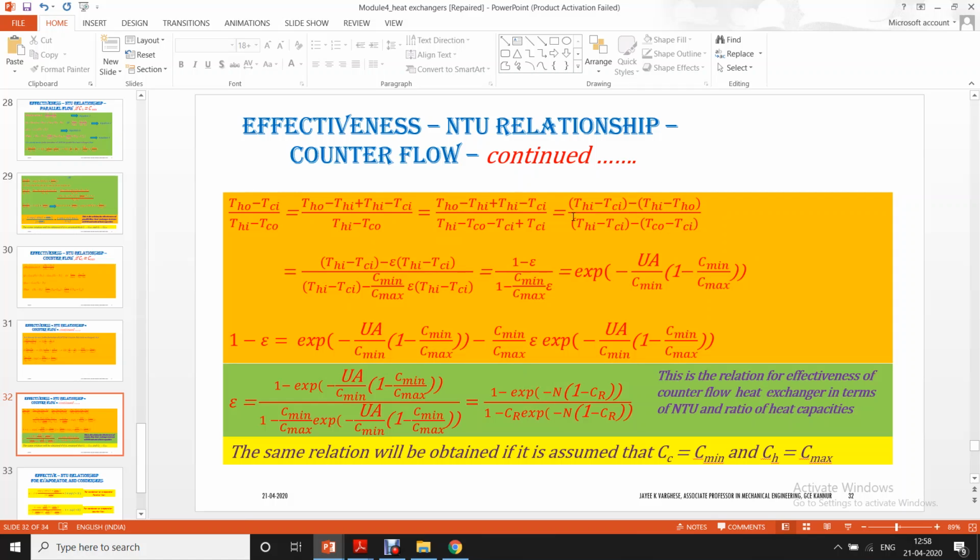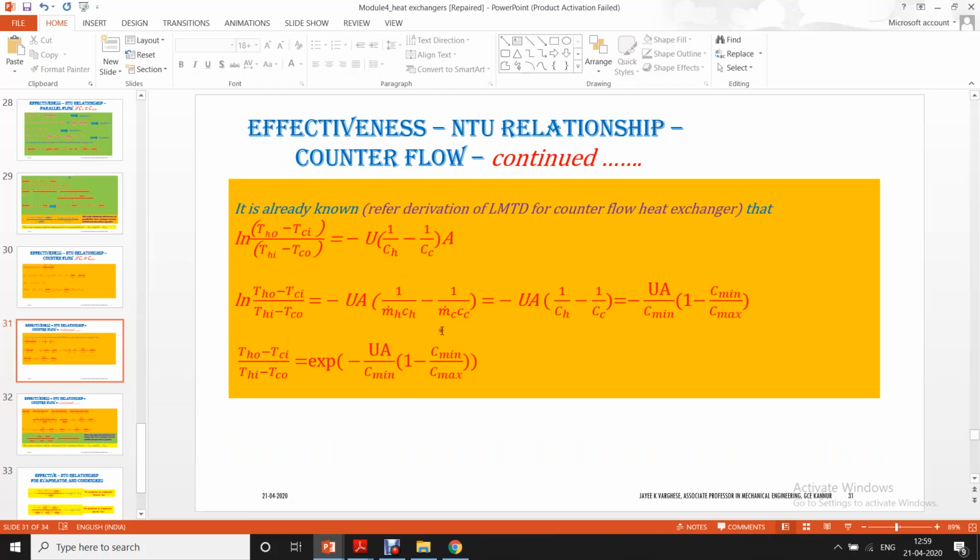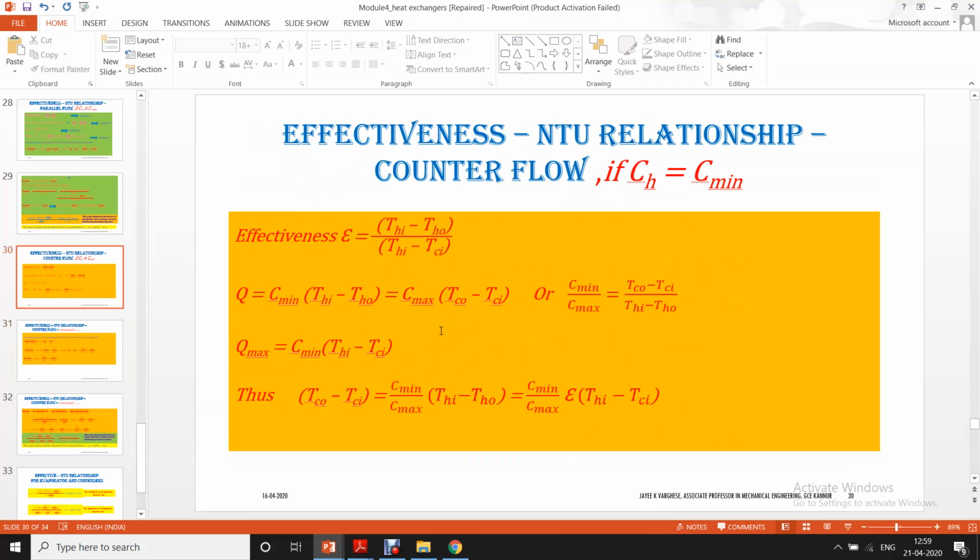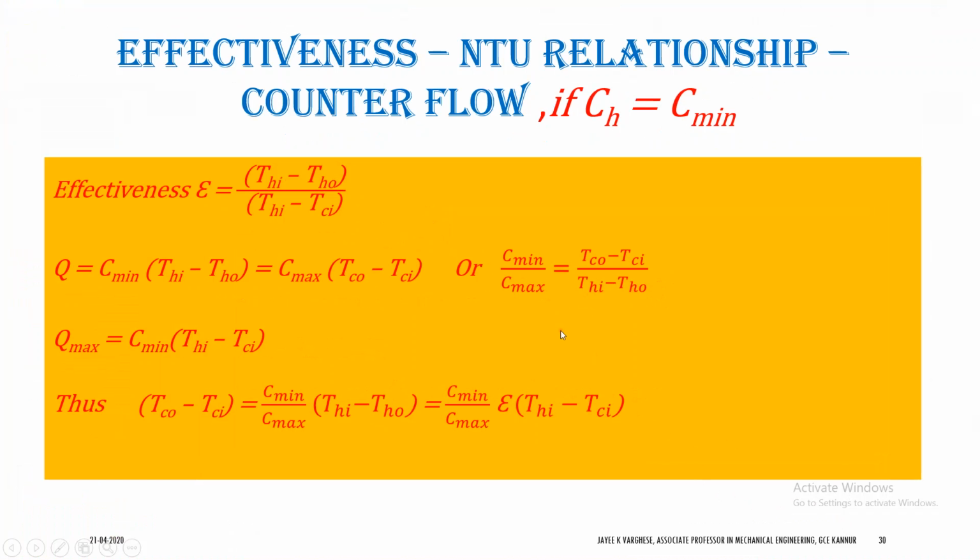Now THI minus TCI is kept as such. Now what is THI minus THO? Let's see the previous slide. I'll go to the presentation mode here.